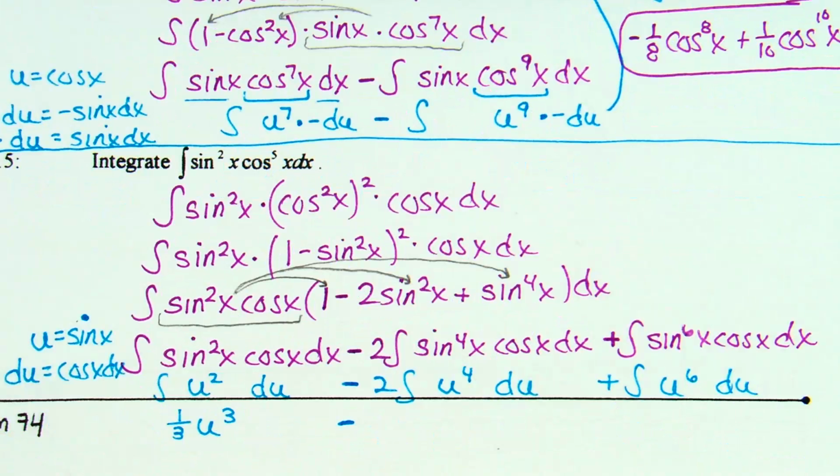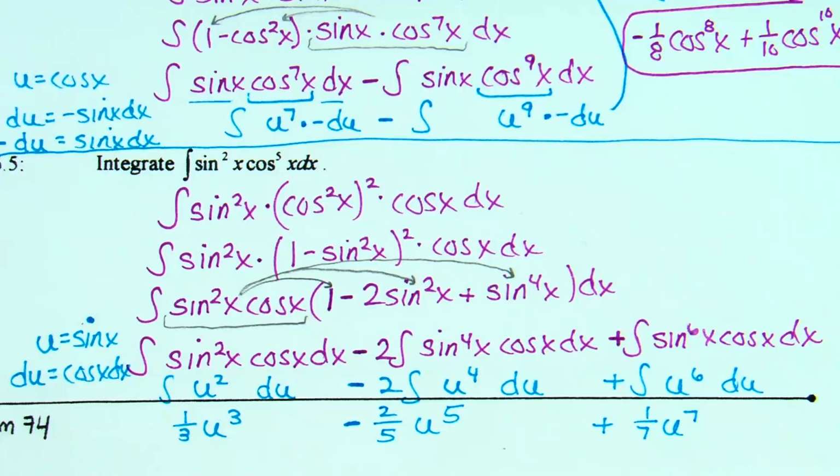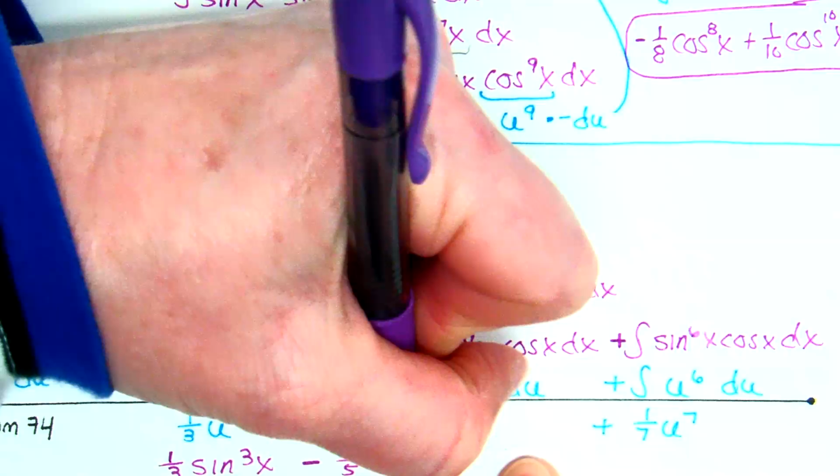You don't necessarily need to write those integrals in right there. Once you have 1/3 u to the third, go ahead and sub your sine back in. So 1/3 sine to the third x minus 2/5 sine to the fifth x plus 1/7 sine to the seventh x, and plus c.